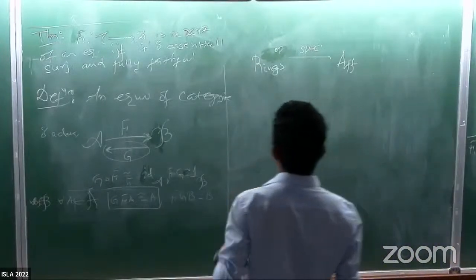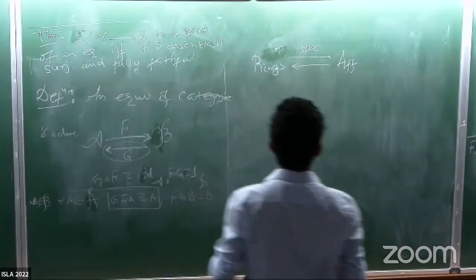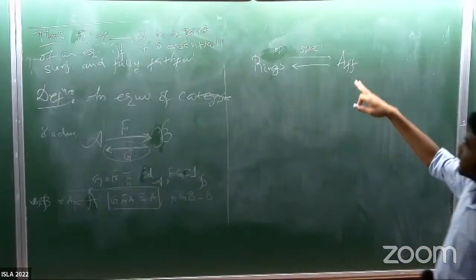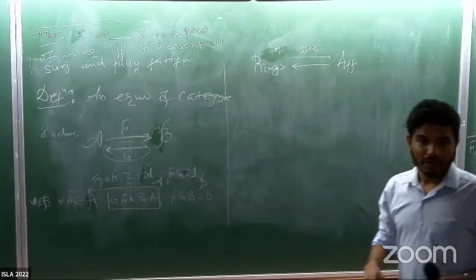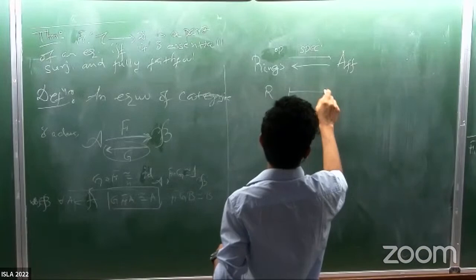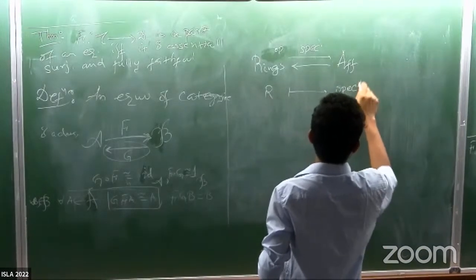Yeah. So there is this complicated example for someone, but easy for algebraic geometers, which is: take the category of commutative unital rings and affine schemes on the other hand, and take this functor Spec, which takes a ring R and sends it to Spec R with the Zariski topology.